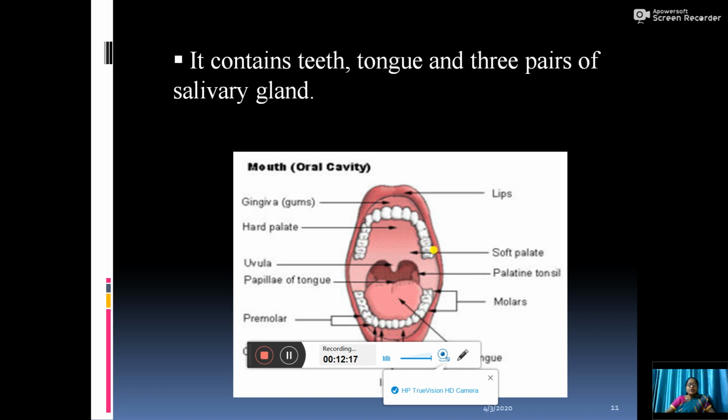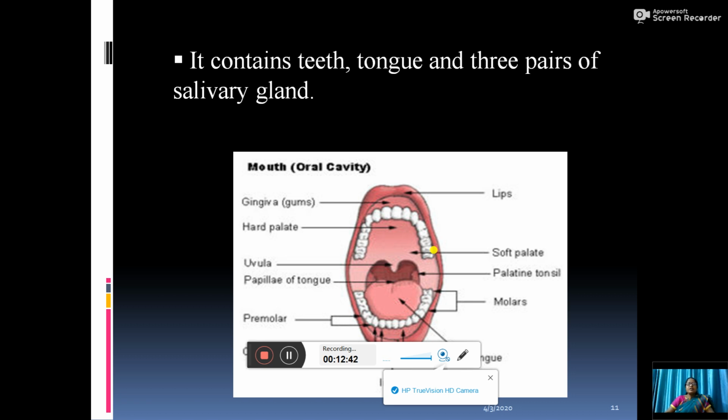So I have shown you here the picture of the buccal cavity. What you are watching here, see the labeling carefully, so that you can draw the picture and it will be clear.